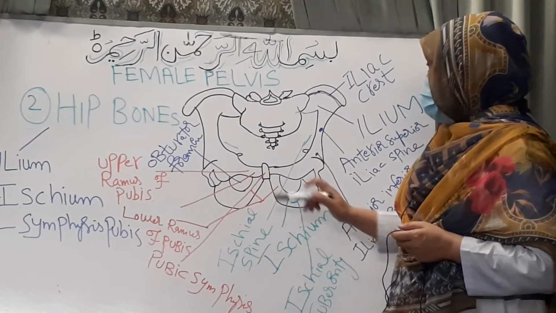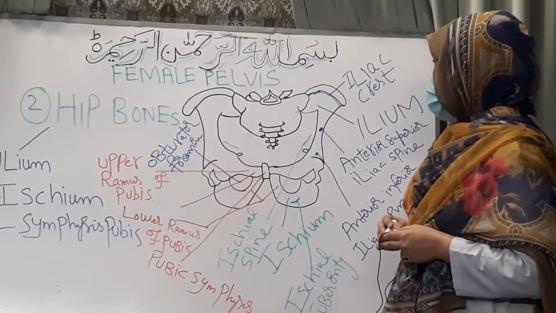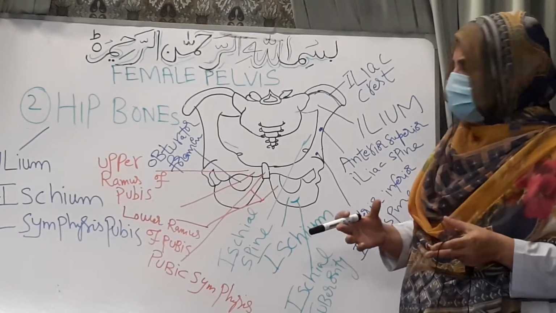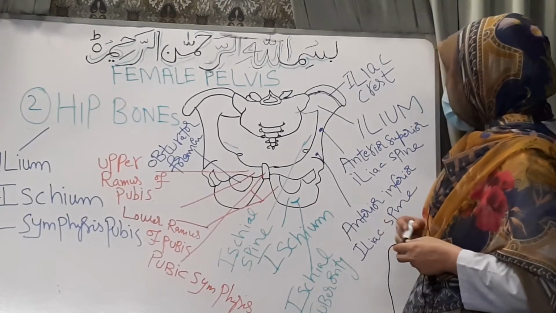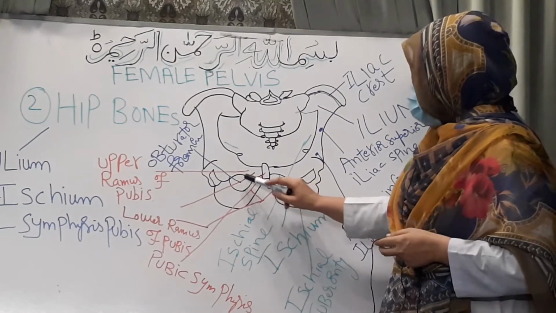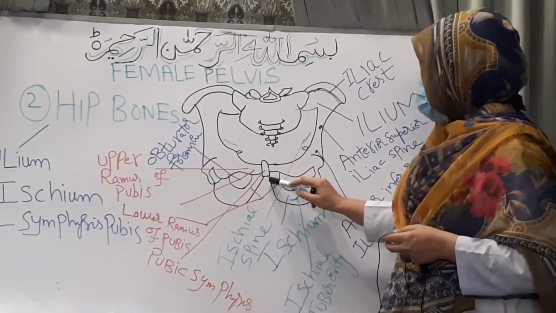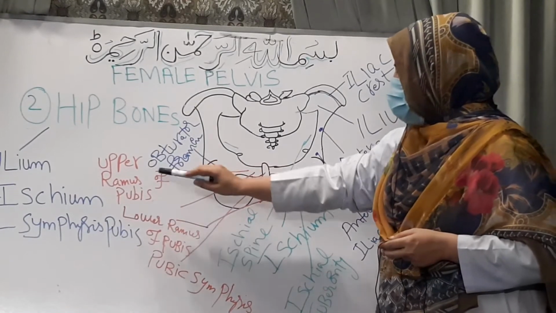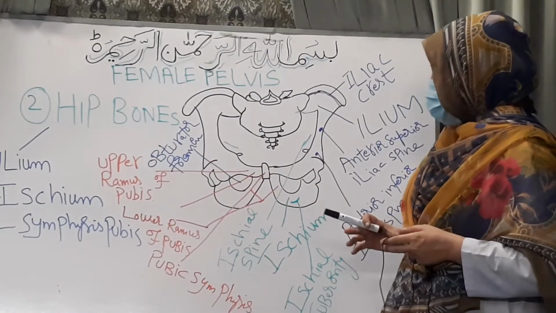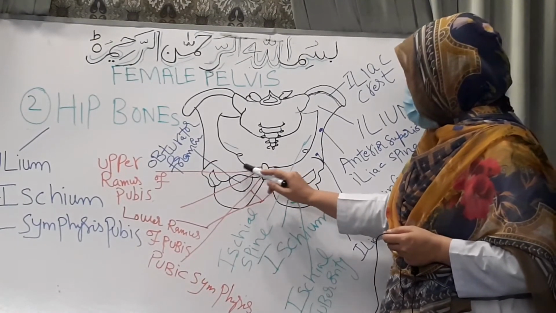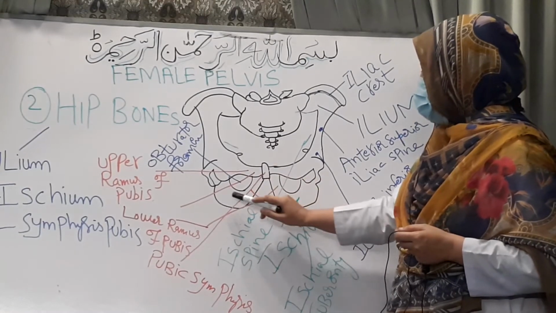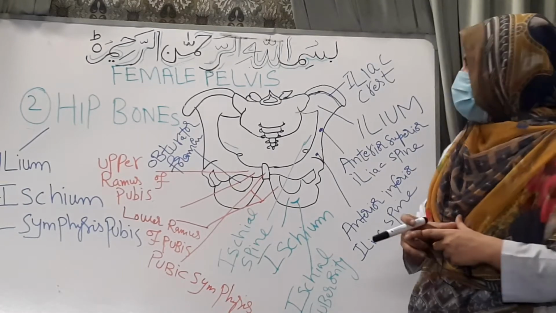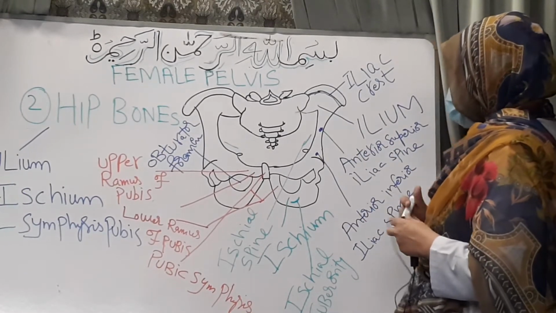Now again listen. The boundaries of the obturator foramen include the symphysis pubis, the superior and inferior rami of the pubis, and the ischium bone. These are the boundaries of the obturator foramen. Clear?